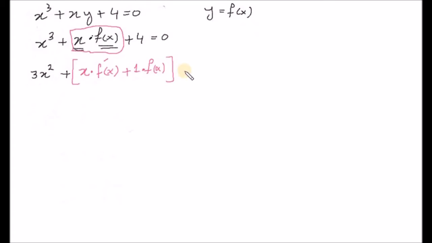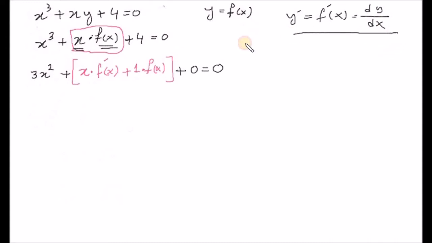And then finally, I'm going to find the derivative of 4, which is 0, equals the derivative of 0, which is also 0. Now, I am going to revert back to y and then solve for y prime, or I could just solve for f prime in this case, because I want the derivative of y, which can be represented with y prime, also equivalent to f prime of x, and also equivalent to dy over dx.